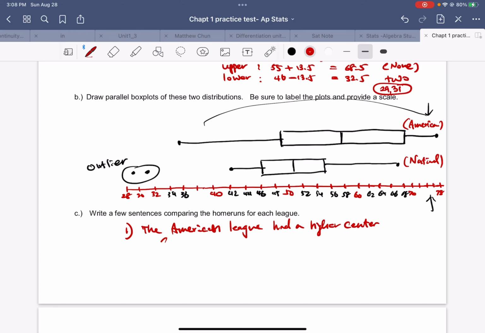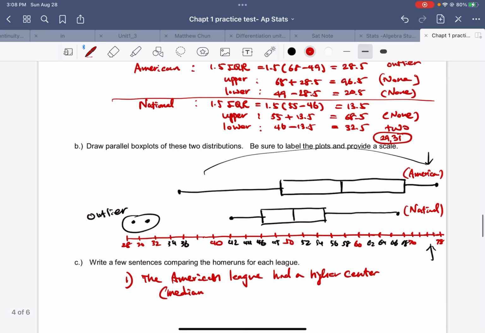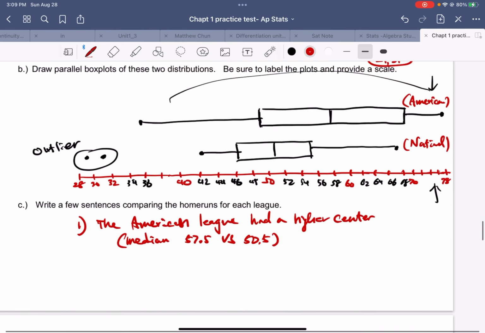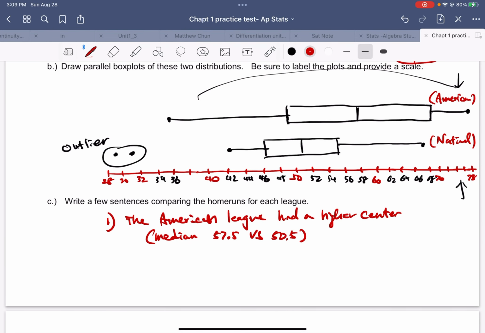We talk about median, so the median is 57.5 versus the other one is 50.5. So you can put more detail like that. Then National League.